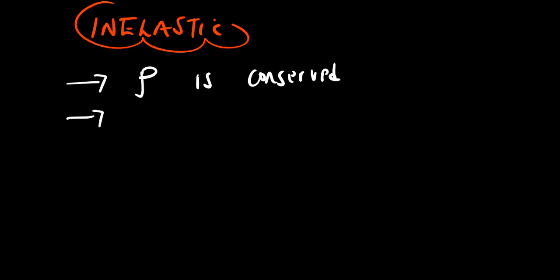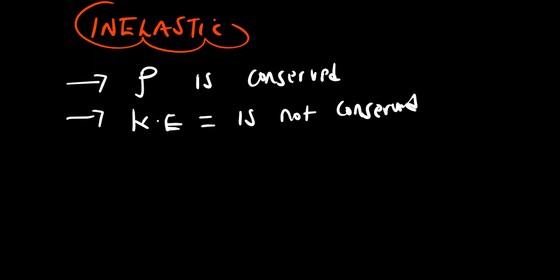So what I'm supposed to understand here is that momentum is always conserved, whether in elastic or inelastic collision, momentum is conserved. Number 2 is that the kinetic energy in inelastic collision is not conserved.